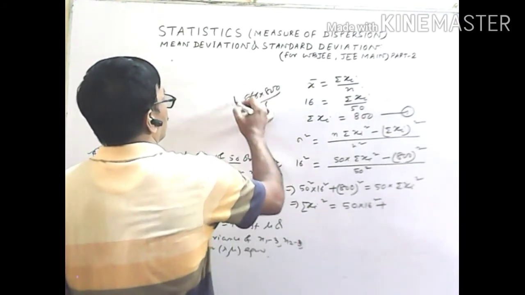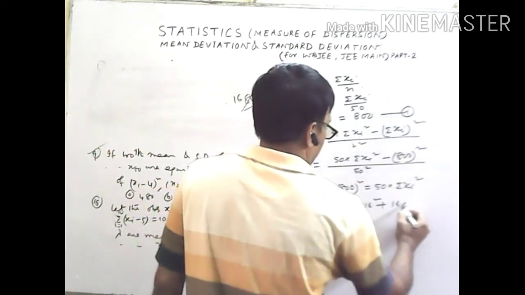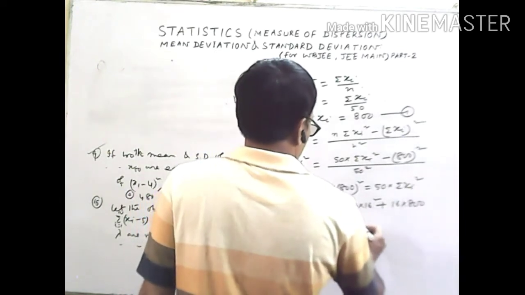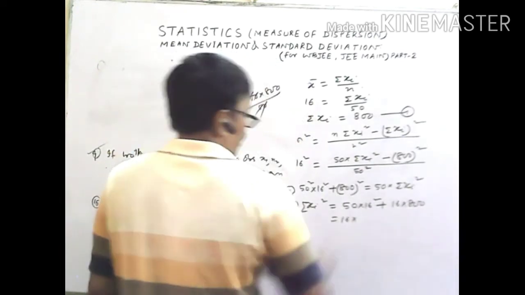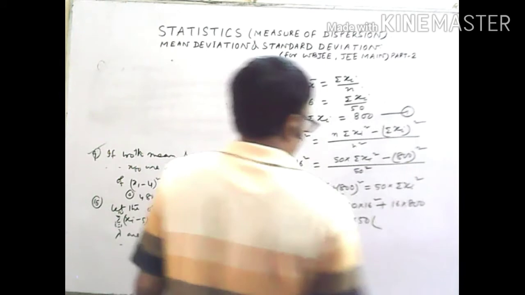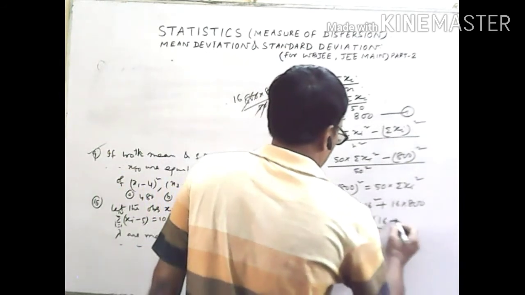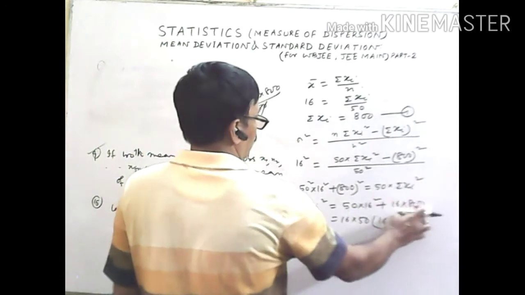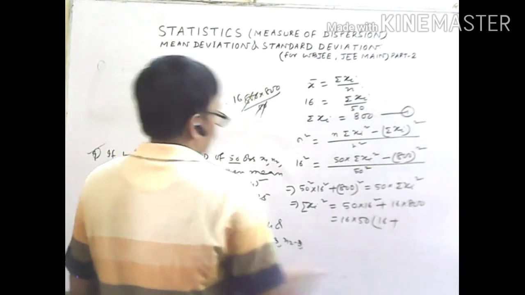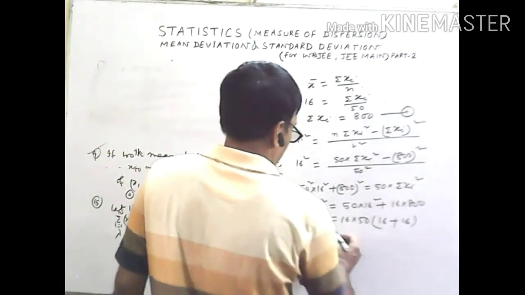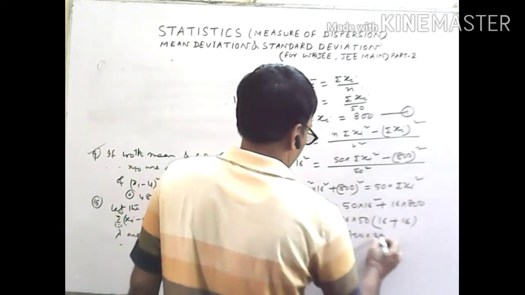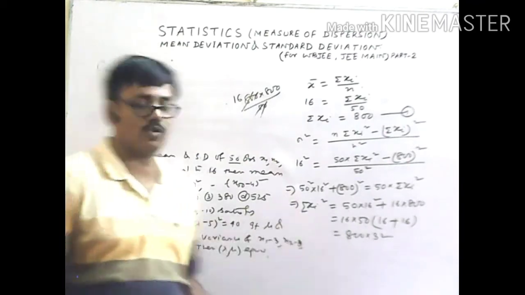So this is 16 into 800, 16 into 800. 16 into 50 common, so this is 16, and dividing by 50 again gives 16. So 800 into 32. This is summation xi square.